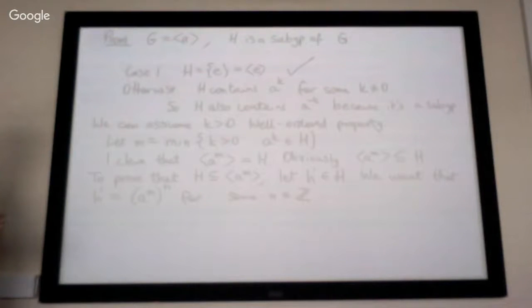Sorry, I changed it to n because p somehow suggests that it's a prime number, and I don't want to claim that it's a prime.